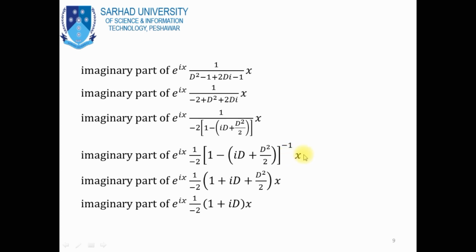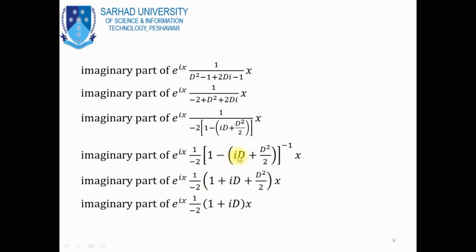So the given polynomial has power 1. Now we expand the binomial theorem, (1 plus x) power n. This whole term represents x in (1 plus x) power n. So we can write by expansion 1 plus nx. We need only the power of D. So expand the binomial expansion (1 plus x) power n up to 1 plus nx. So this is n and this is actually the x term.